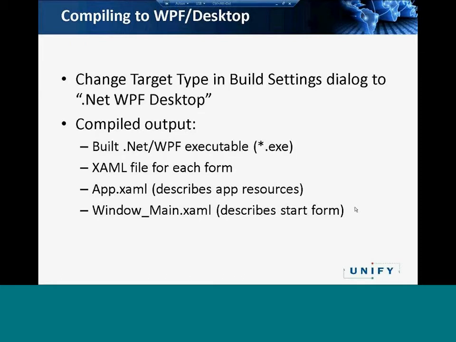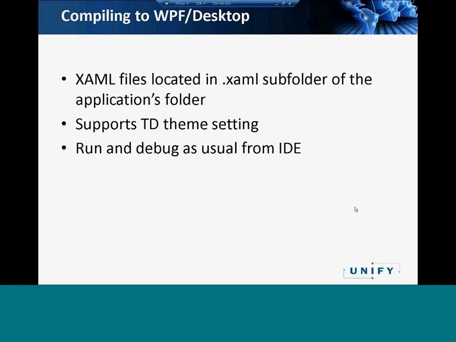This is the first form that your end user is going to see when he starts the application, and it's called WindowMain.xaml. All this is generated as a compiled output for the .NET WPF Desktop target option. These XAML files can be located in a .xaml subfolder of the application's folder.